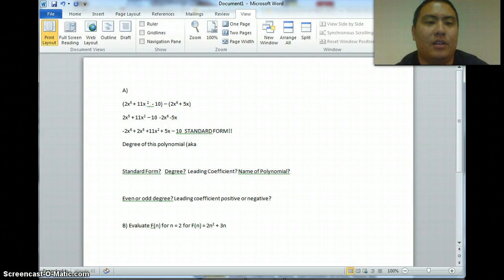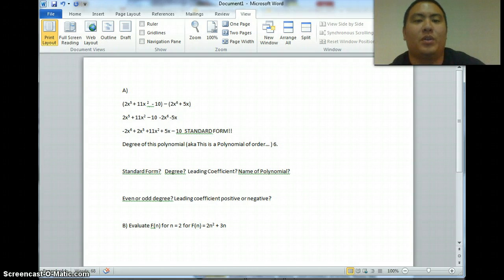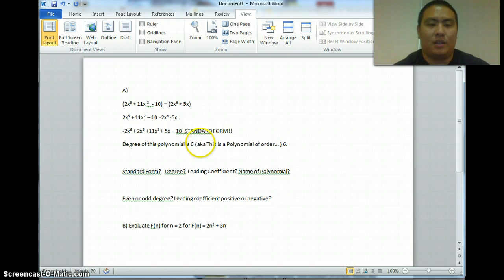So the degree of this polynomial is 6, aka this is a polynomial of order 6. So I'll write it like this: degree of this polynomial is 6, also known as the polynomial of order 6.